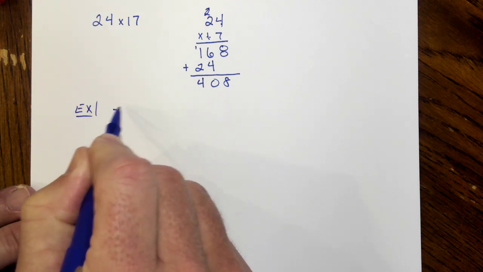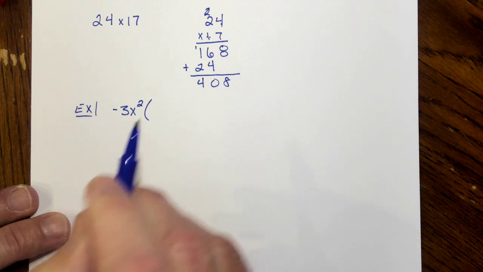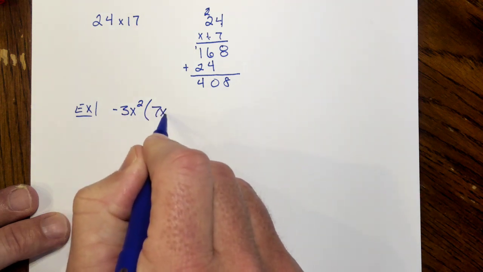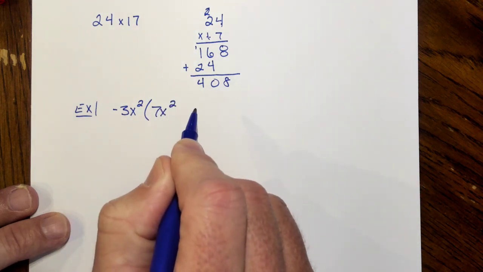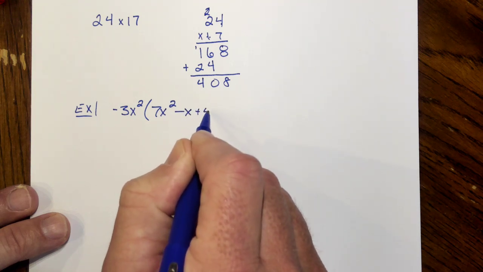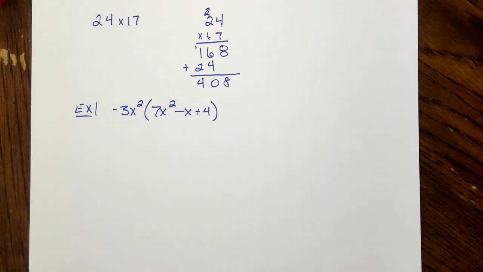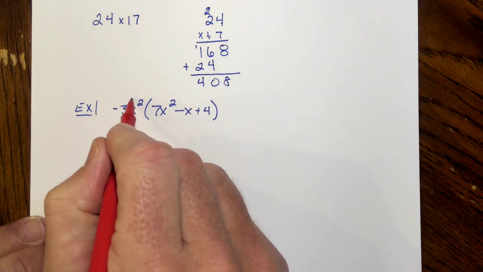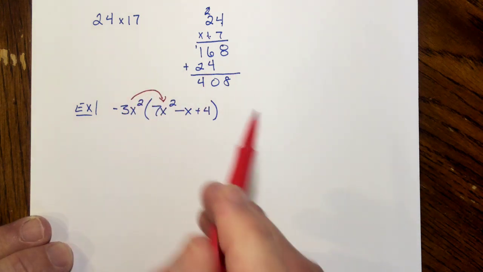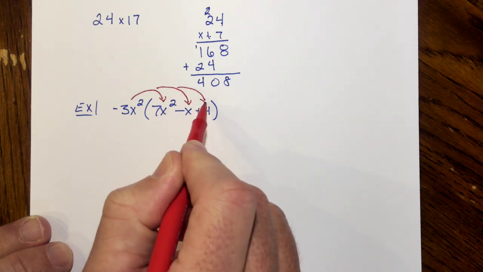I'm going to give you a negative 3x squared times a quantity of 7x squared minus x plus 4. Two ways we're going to do it. Let's go distributive property first. That means I got to take all of this times all of that, times that and times that.